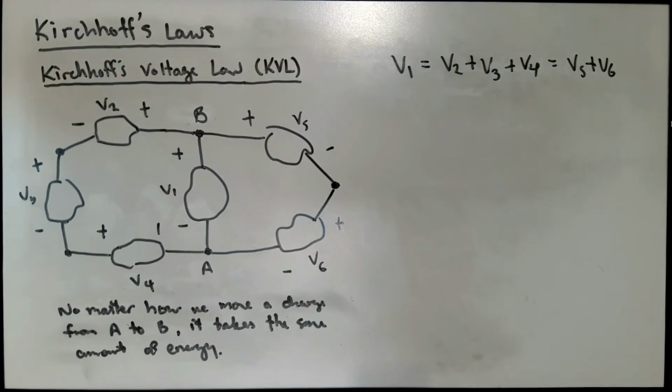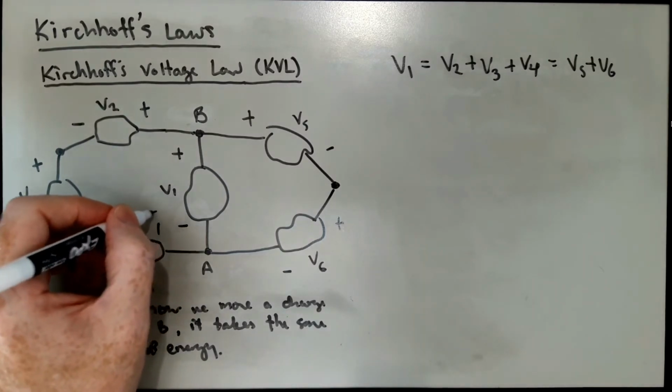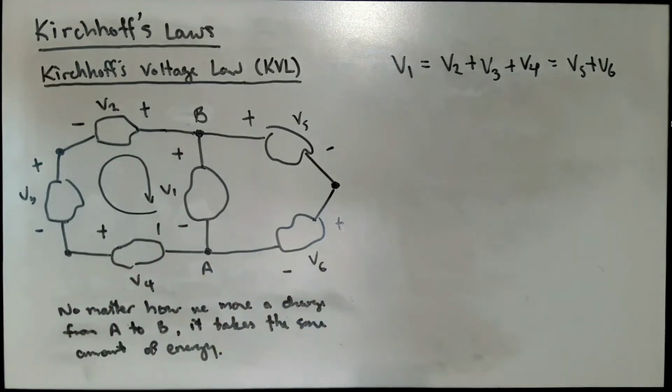Okay, we can also express this another way, and that is to say, if we go around a closed loop, so we go back to the same place in the circuit, the sum of the voltage drops, or the voltage rises, is equal to 0. Or we can say that the sum of the voltage rises is equal to the sum of the voltage drops.